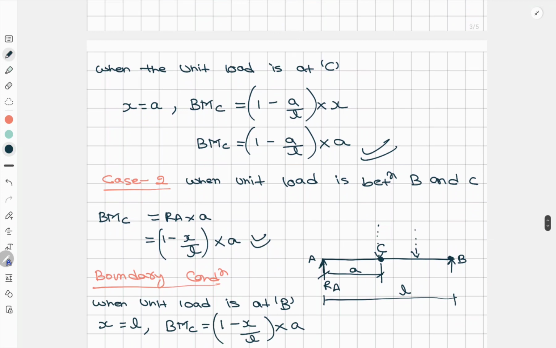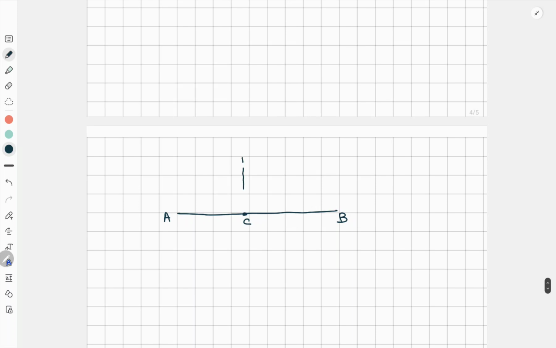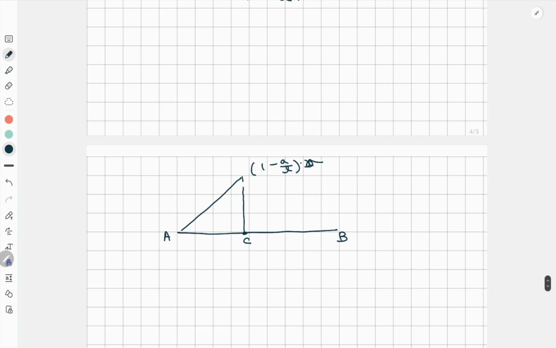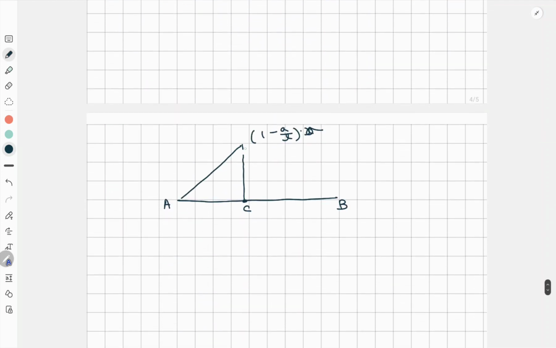This (1 minus A by L) into A. It will be positive somewhere here. For the second case, BMC, the equation is the same: bending moment at C is (1 minus A by L) into A. So for B to C also it will be the same like this, and it's positive. So now you can write like this. This is the ILD diagram for bending moment at C.